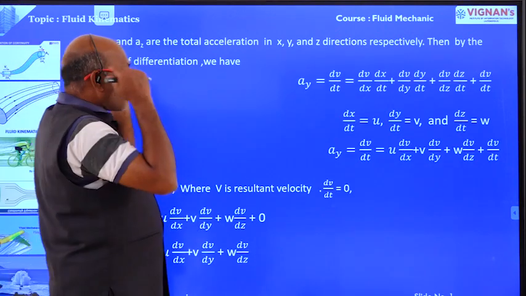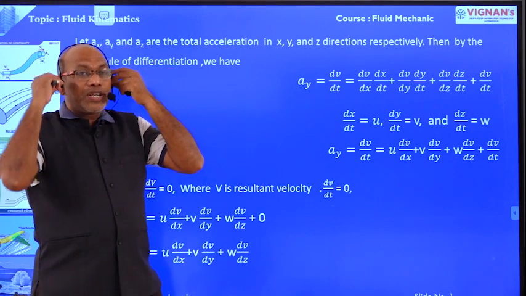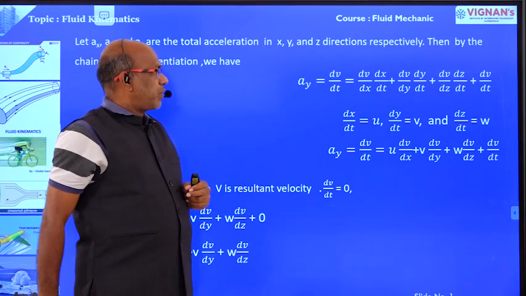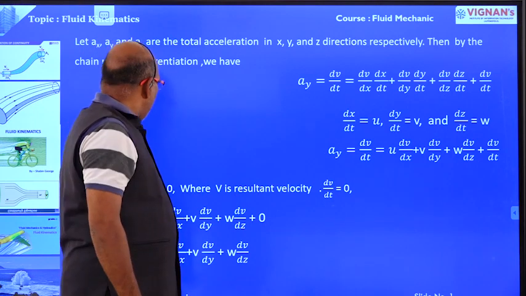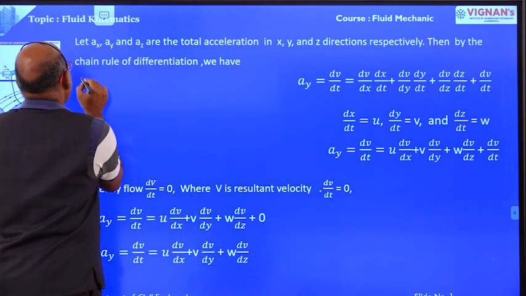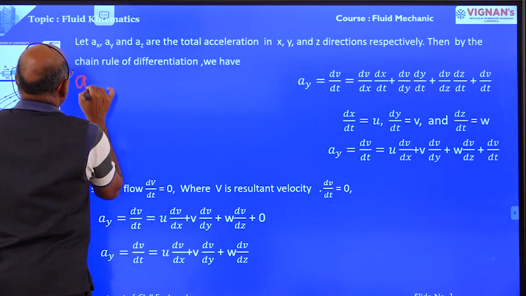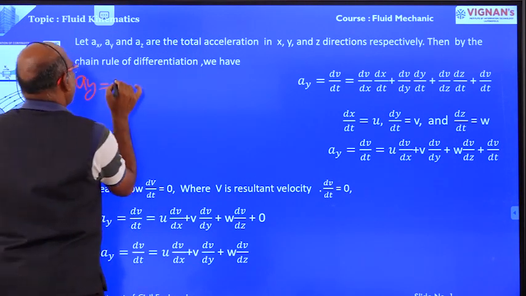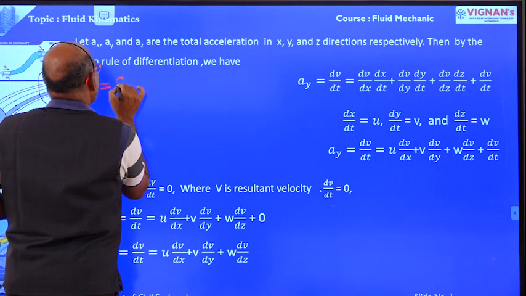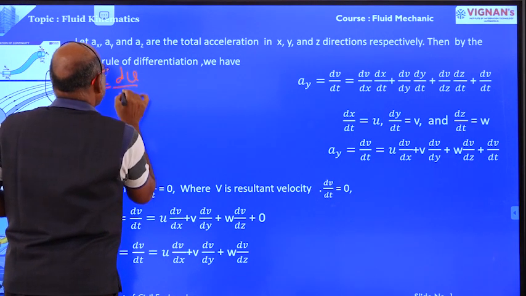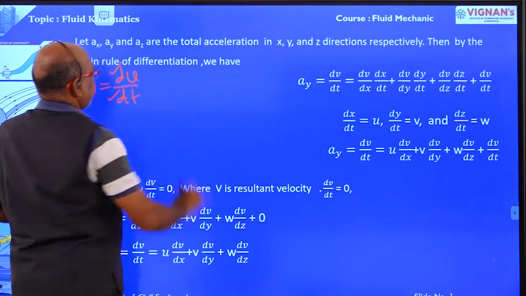Now we are going to discuss the acceleration in y direction. Here also, acceleration in y direction ay is equal to dv by dt, that means velocity by time.